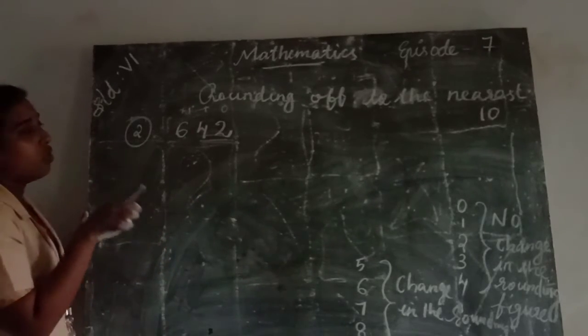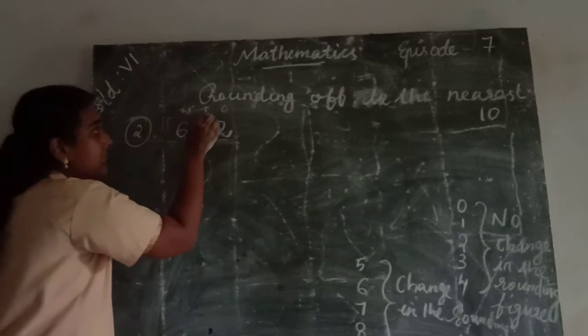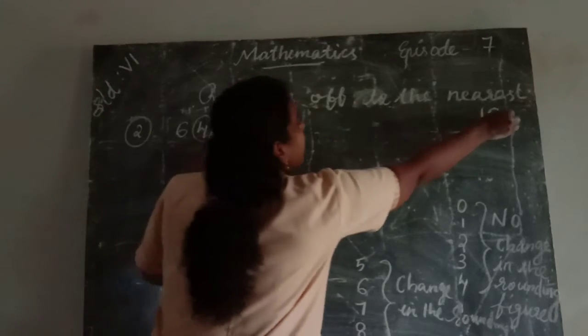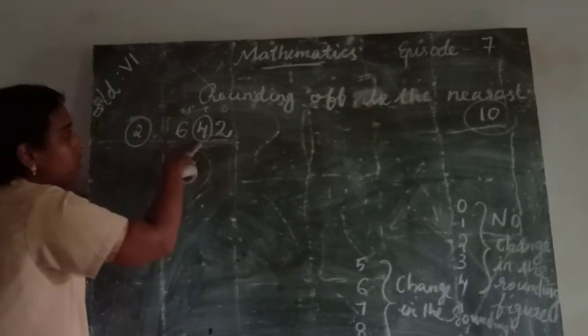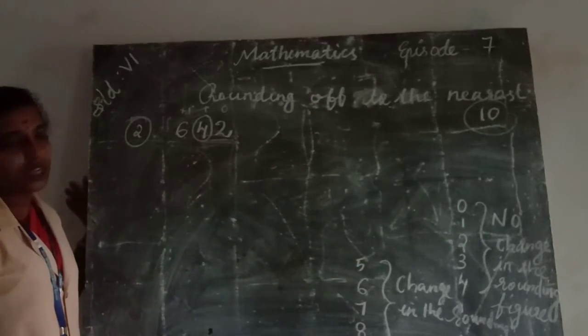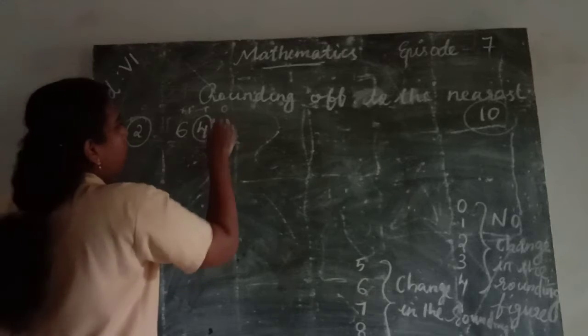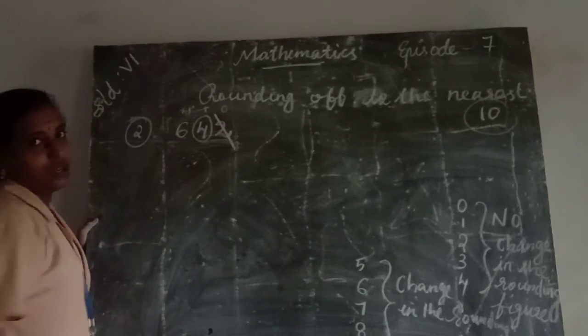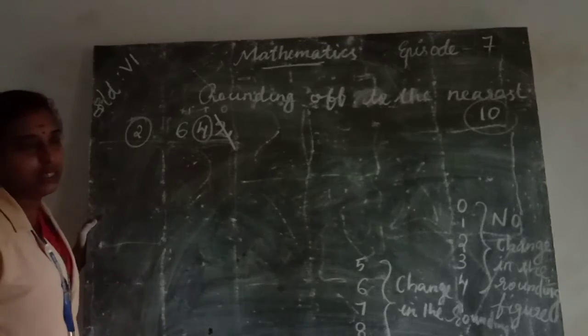So we round the digit in the tens position because we want to round to the nearest 10. Then we drop the digit that just comes before the rounding digit.